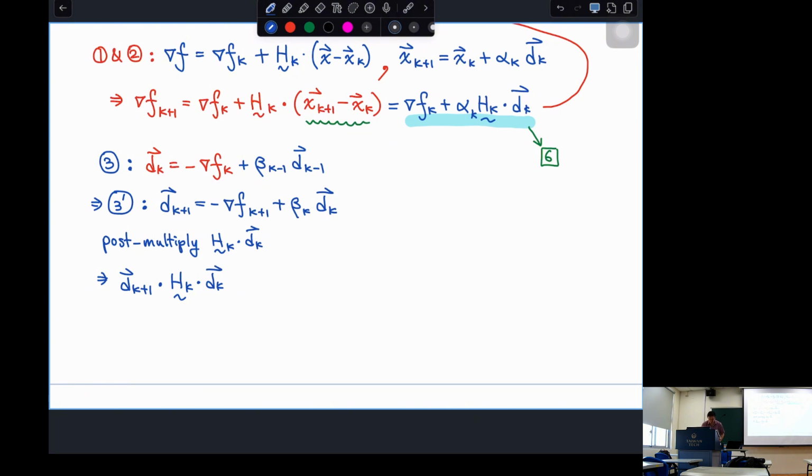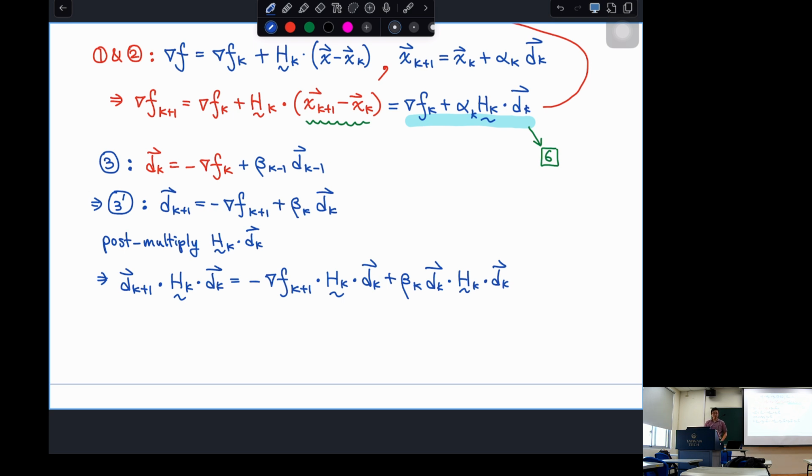Okay, and then just do it on the equation of 3 prime. So it's going to be something like this. Post multiply, okay, let's just do this.